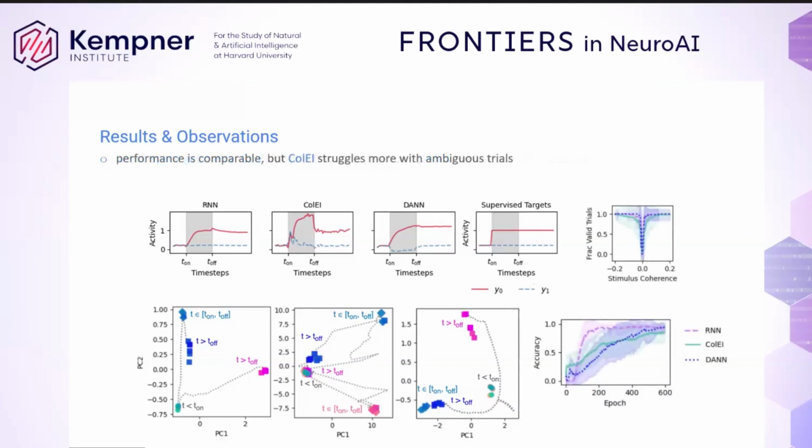In terms of performance, both of the EI RNNs are slower to converge, but they converge to the same performance as the RNN. And we also see that the column-based EI RNN struggles more with ambiguous trials, so trials where it is harder to determine which of the arms is correct based on the contextual information.